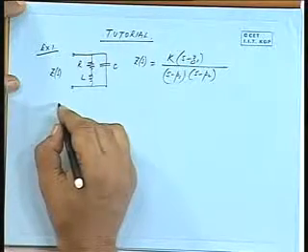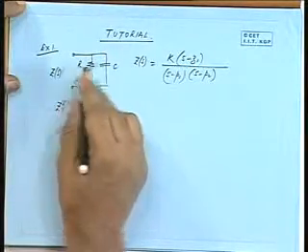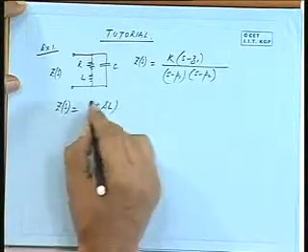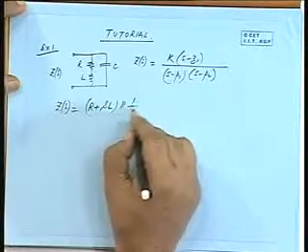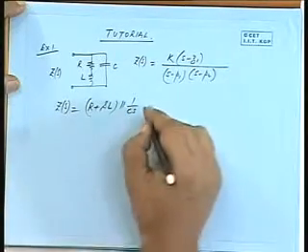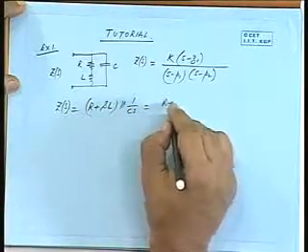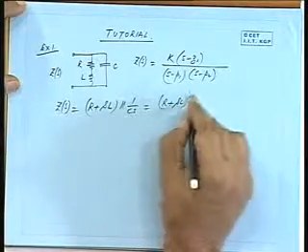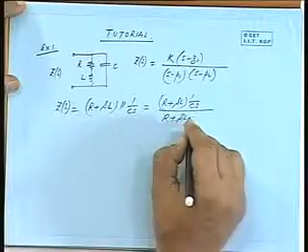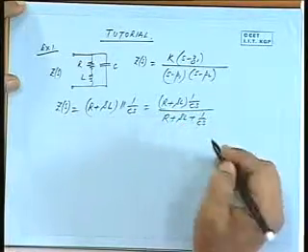So, what would be Z(S) from here? R plus SL in parallel with 1 by CS. So, that gives me (R plus SL) into 1 by CS by (R plus SL plus 1 by CS).